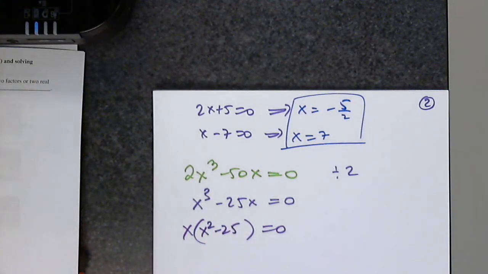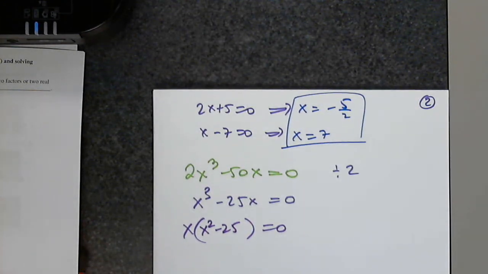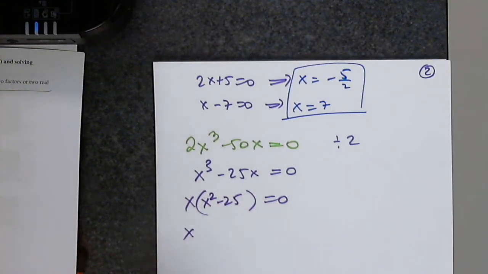But I know what to do with x squared minus 25. We have an agreement on it. What do I do with this? Is there a special product that we can use for x squared minus 25?